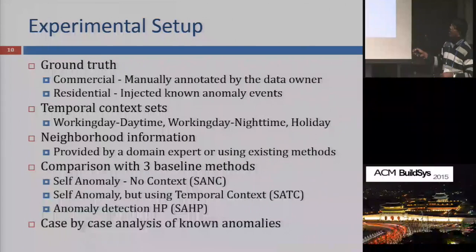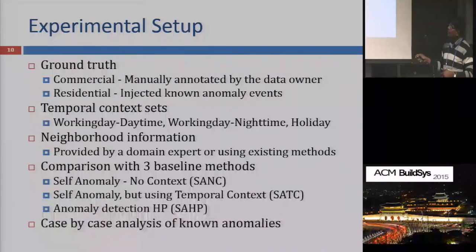In the case of the commercial building in Sweden, we gave the data owner the data for some portion of the meters visually, and asked him to annotate whether it looks like a particular event. He went back and referred to some logs to identify whether there is an anomaly or some normal genuine activity. In the residential setting, we injected some known anomalies, since it is very difficult to annotate otherwise.